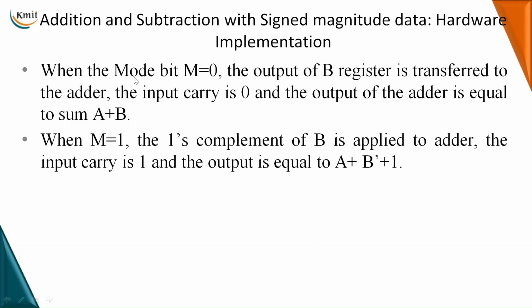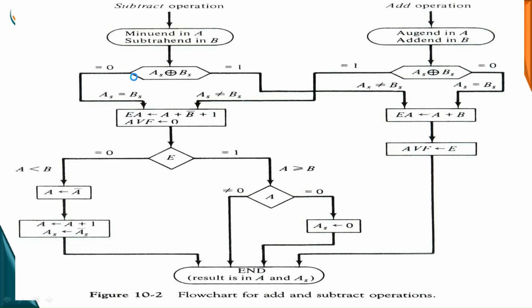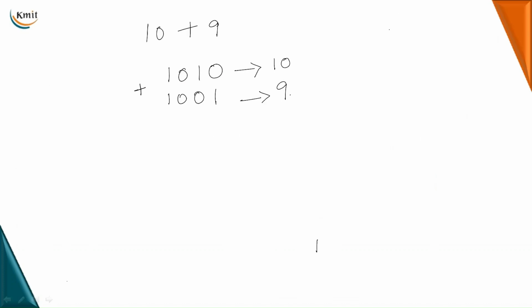When you are adding these two numbers, what is the range of numbers that you can represent in 4-bit representation? It ranges from 0000, 0001, 0010, 0011, and so on. You can represent till 1111. So the range is from 0000 to 1111.